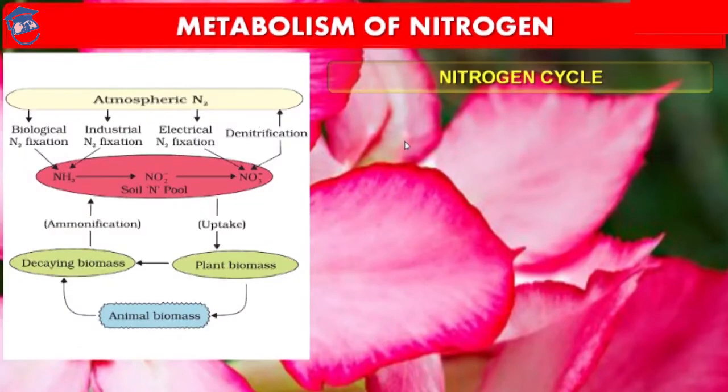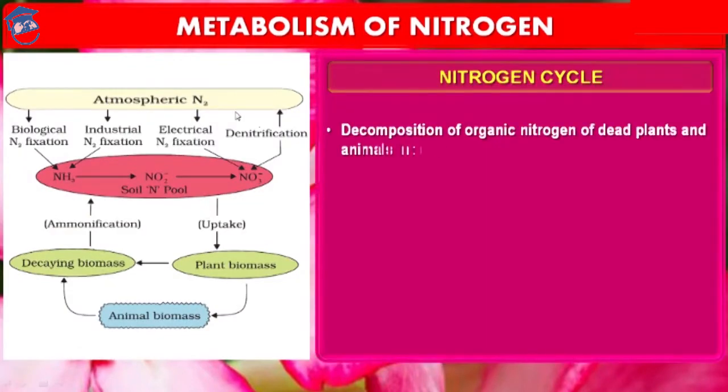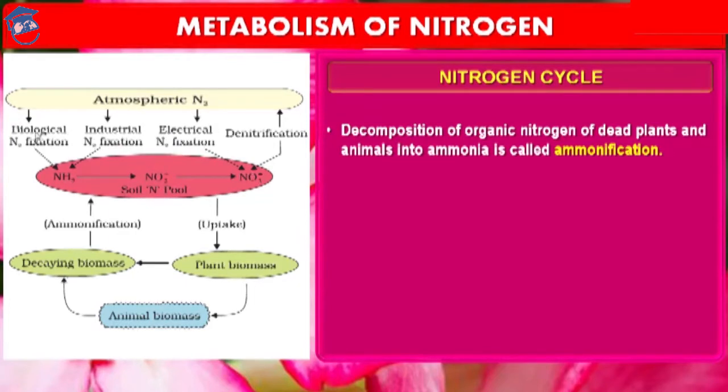Now see, as I told you, atmospheric nitrogen can be fixed in three ways, that is biological nitrogen fixation, industrial nitrogen fixation, and electrical nitrogen fixation, students. Okay, so biological nitrogen fixation: very few living organisms can utilize the nitrogen in the form of N2 available abundantly in the air.